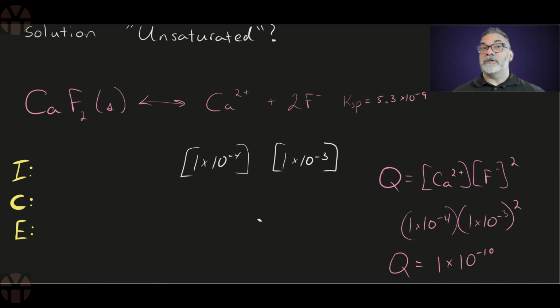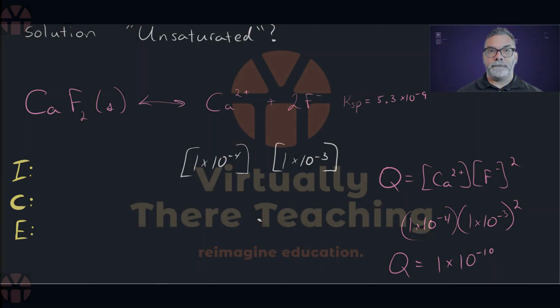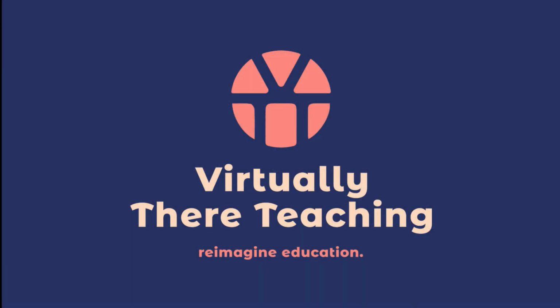My guess is a few more drops of calcium ion or a few more drops of fluoride ion will immediately cause Q to become equal to K. Now my solution's saturated. From here on out, all I'm doing is producing precipitate, precipitate, precipitate. So we take it one step at a time, one tick at a time, and you'll be there in virtually no time.